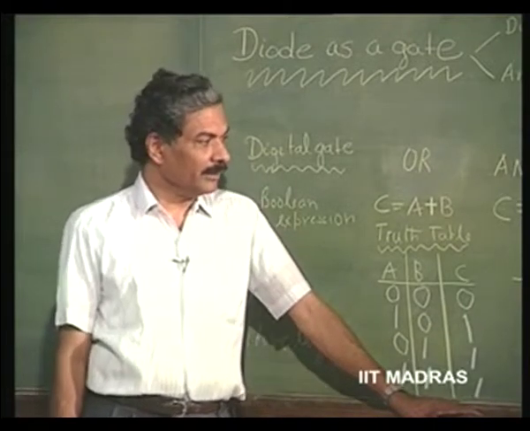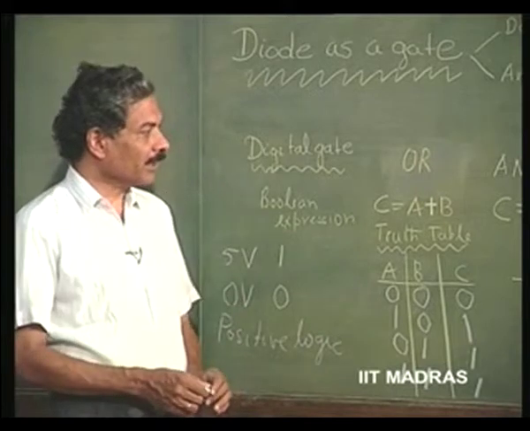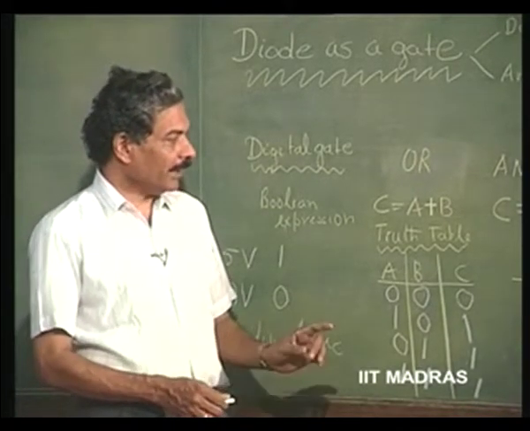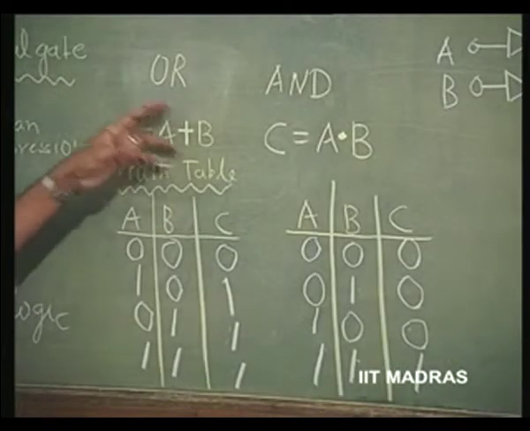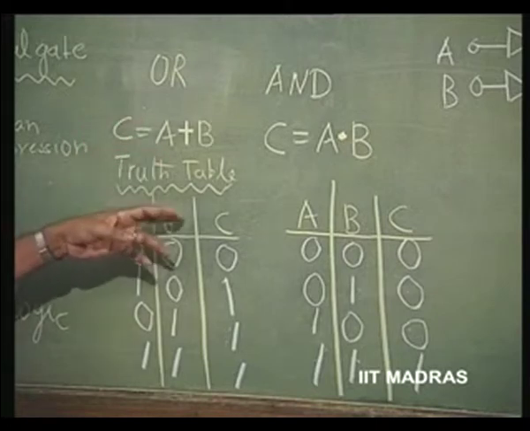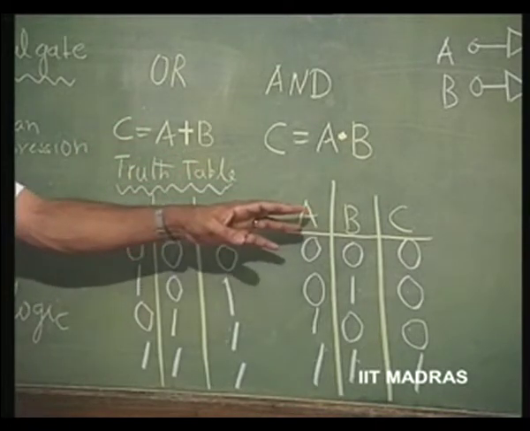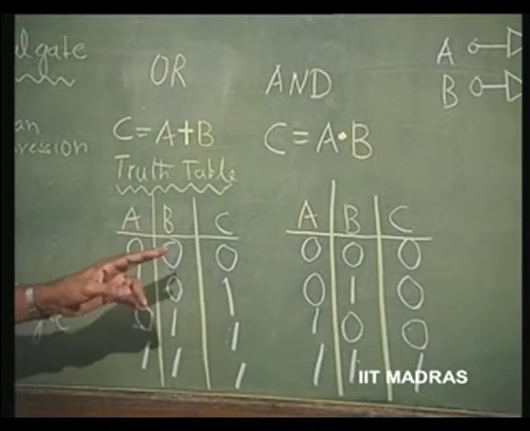You can see the mathematics of it. Please work it out as a homework problem. Show that for negative logic, the so called this operation will give AND, and this is going to give OR, because all zeros have to be replaced by 1 and all ones have to be replaced by 0.